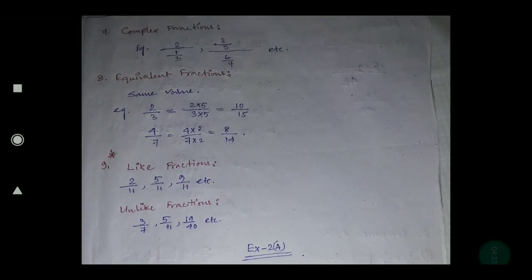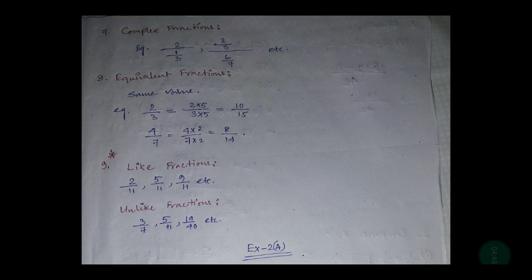Now the seventh type of fraction is the complex fraction. Complex fraction means there is a mix-up of fractions, mixed fractions, all this in one fraction, then it is called a complex fraction. The name itself defines the fraction: complex means complicated.